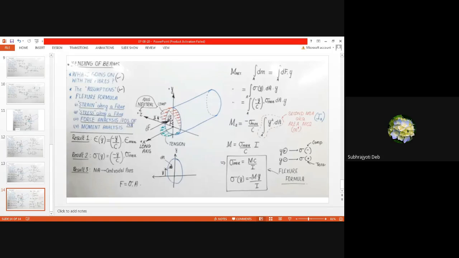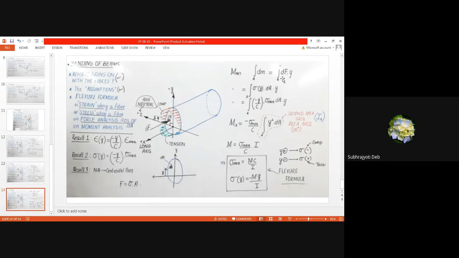For this small section dA, the moment is dM. So if you integrate this, we will get the net moment for the whole section.